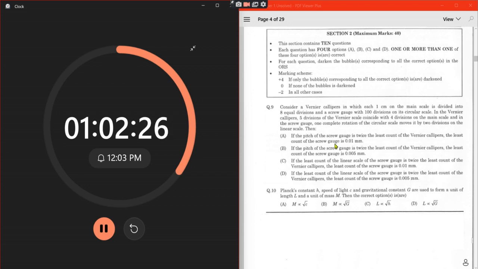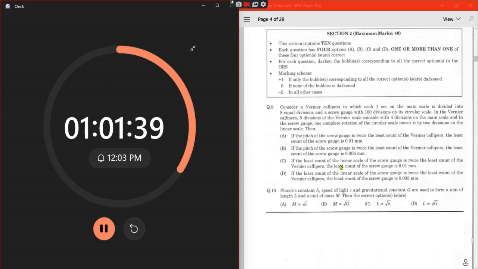So 9th's answer is B. Next, if the least count of the linear scale of the screw gauge is twice the least count of the vernier scale, we have to find this. Linear scale of the screw gauge, you mean the main scale unit, the pitch, of course, right?